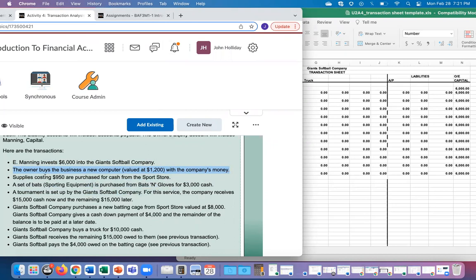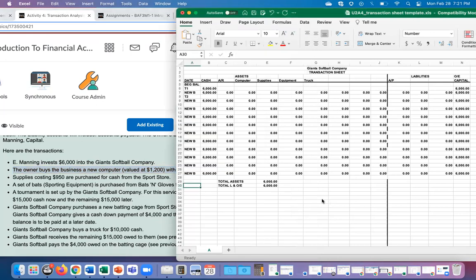Okay. So the company is going to be losing $1,200 in cash. The owner buys the new computer with the company's money, so that's coming out of our cash account. So we're going to be losing $1,200. In that open cell underneath the 6,000, I'm going to put minus or negative 1,200.